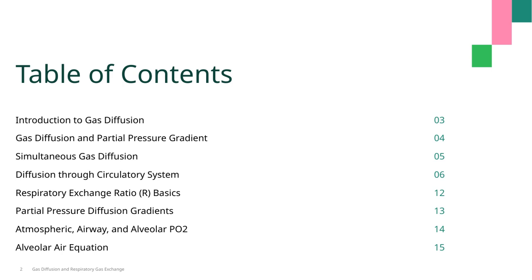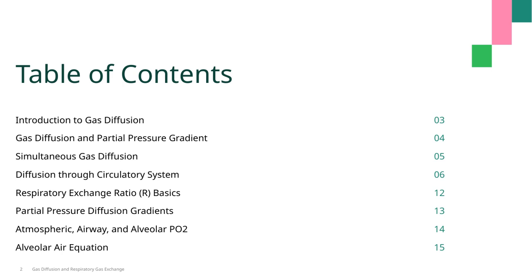The partial pressure diffusion gradients are influenced by differences in atmospheric, airway, and alveolar partial pressures of oxygen, specifically PO2. These gradients are critical for maintaining effective oxygen uptake and carbon dioxide removal. We also use the alveolar air equation to estimate alveolar PO2, accounting for factors like inspired air, carbon dioxide levels, and others.